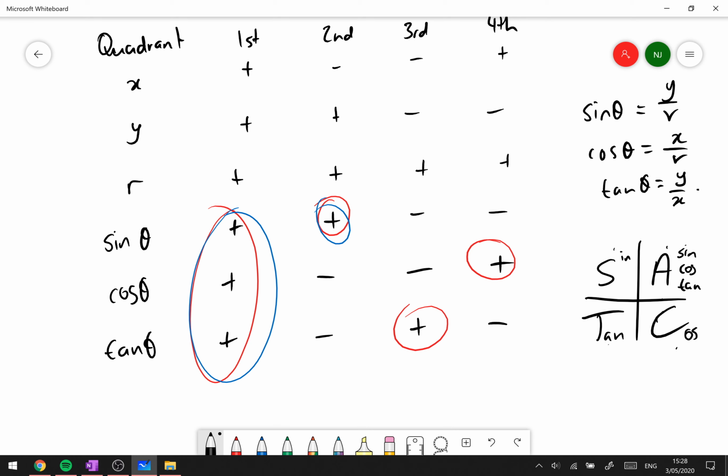So T is tan, C is cos, and again, you can see that T in the third, C or cos in the fourth give our positive trig ratios. So this little quick rule is just a reminder on where the trig ratios are positive. Okay, so basically, we'll talk about this in a moment. I don't want to get too ahead of myself just yet.